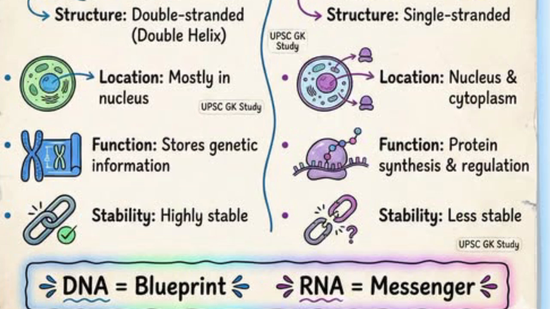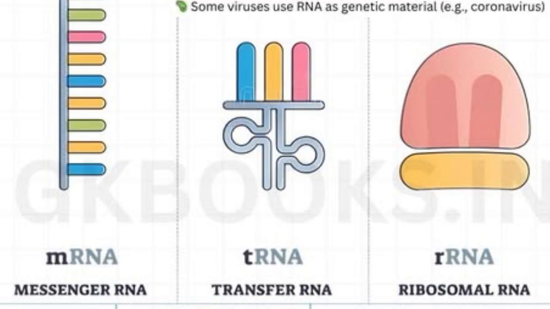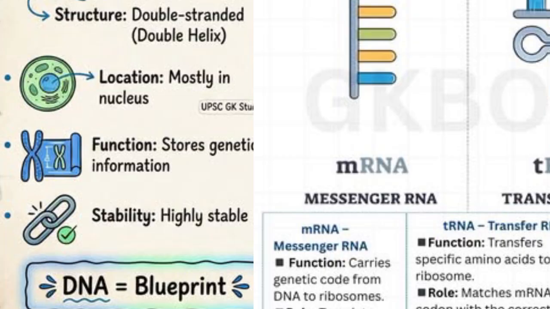Now here comes the very important difference in their functions. DNA's major role is to store genetic information, while RNA has several different functions. RNA has 3 types: messenger RNA, transfer RNA and ribosomal RNA, and these 3 types have their own functions. For example, messenger RNA carries genetic information from DNA to ribosomes.